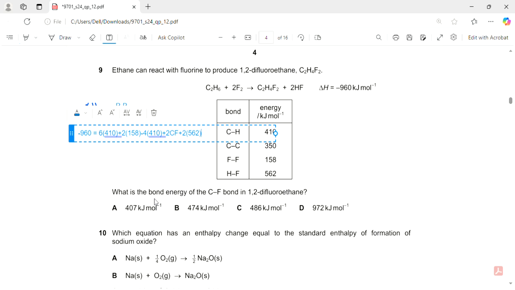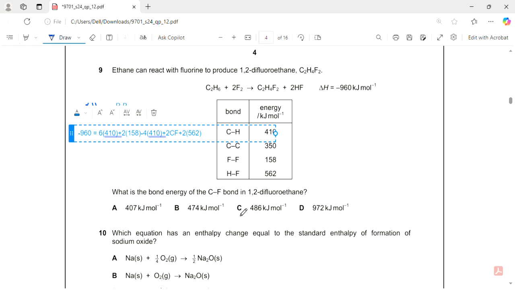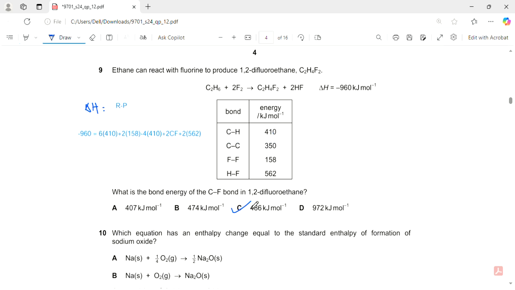So minus 960 minus 12 is 972, and this is multiplied with the CF, so it is divided to the left hand side. 972 divided by 2 is 486. So option C is the correct answer.